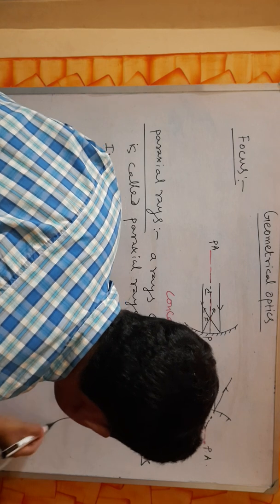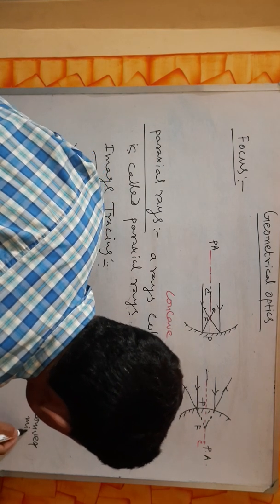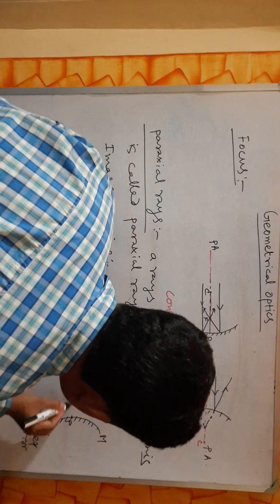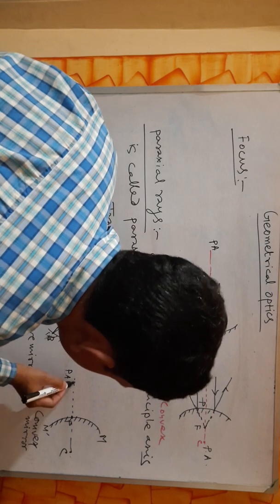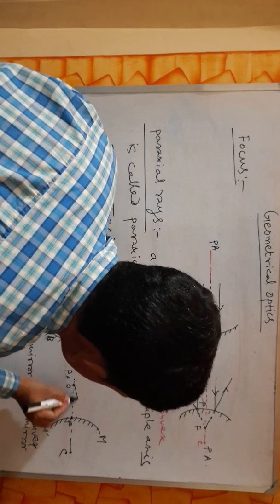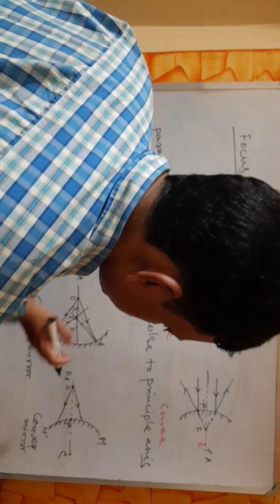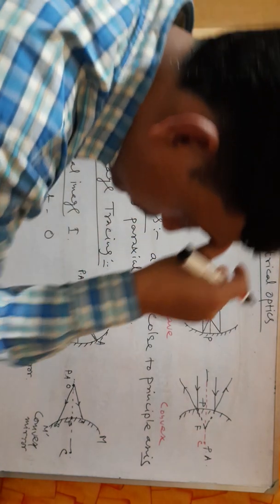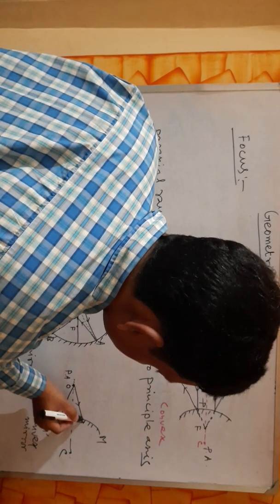On the other side, the convex mirror. Here the aperture is shown, B is the pole, C is the center, the line joining is the principal axis, and the object O. Incident light comes from O at two points of incidence, A and B. After reflection, the reflected rays diverge.